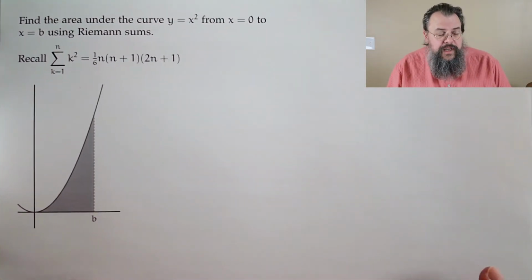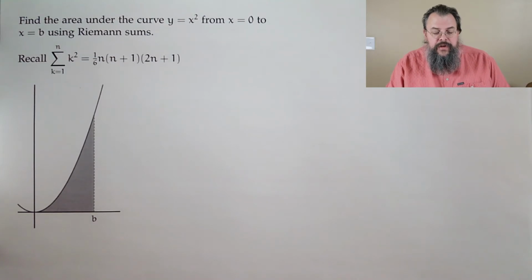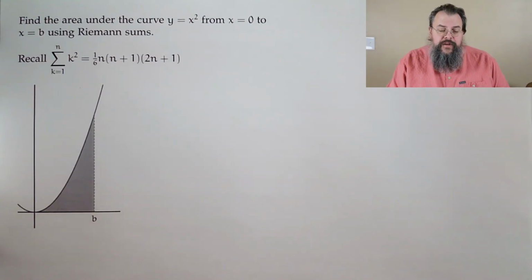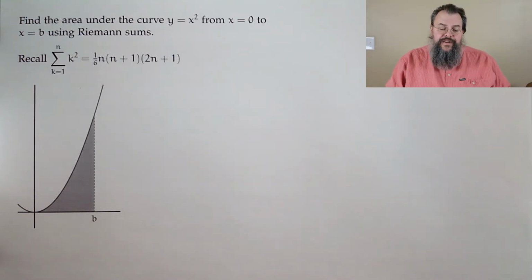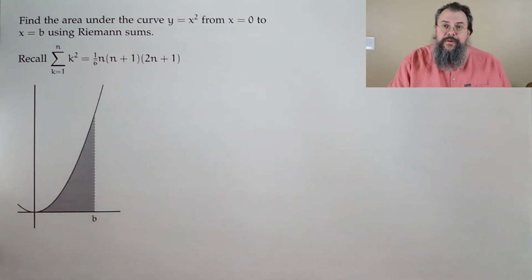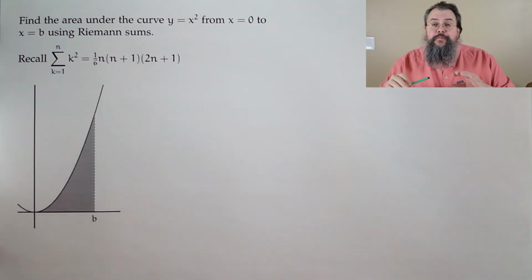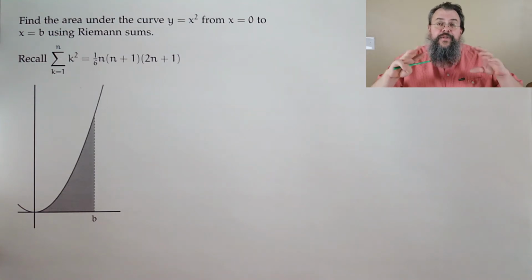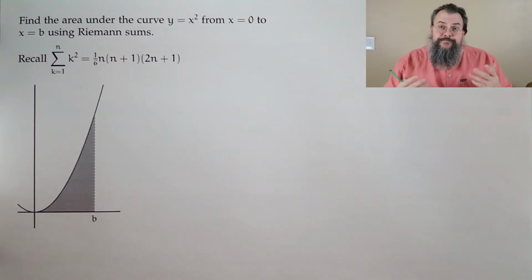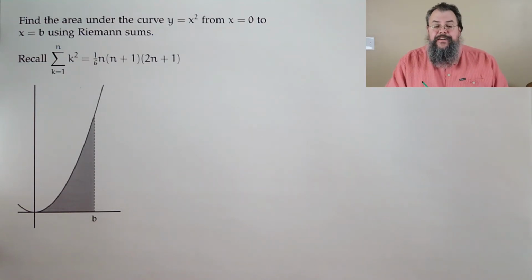So, find the area under the curve y equals x squared from x equals 0 to x equals b using Riemann sums. No geometry, because that's not a nice geometrical shape. I'm not saying it's not a nice shape, but it's not something composed of rectangles, triangles, and circles. Those are our basic shapes in geometry where we're great at. That's not there.